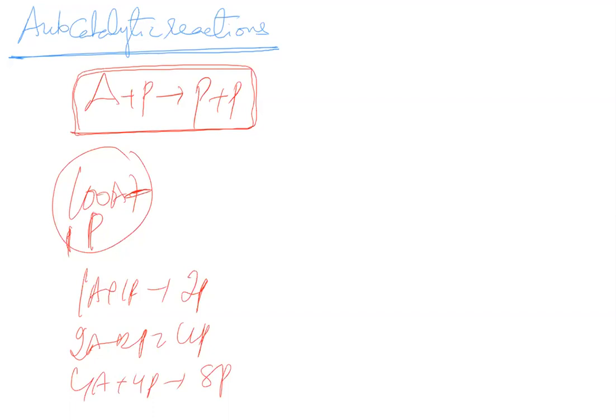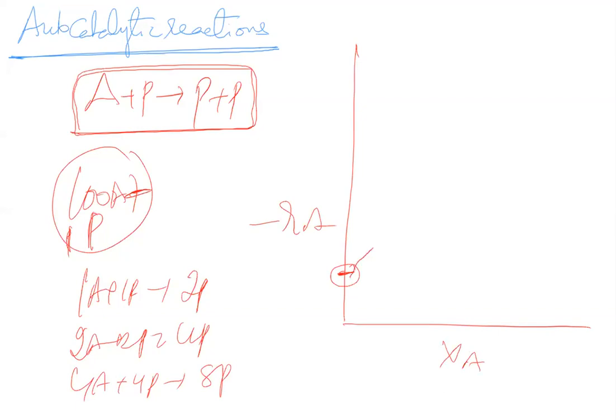So if I plot, let's say, rate of reaction of A with respect to XA, initially the rate will be low, but the rate keeps on increasing. At one point of time, I have, let's say, 60 P molecules but 40 A molecules.